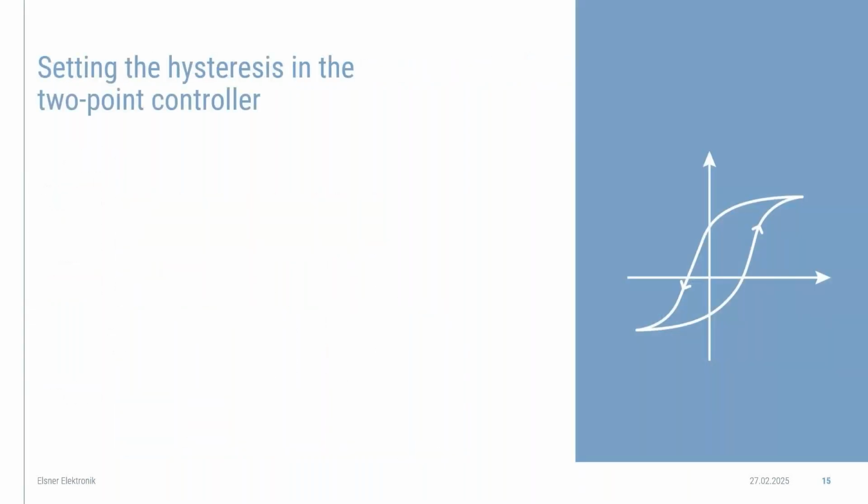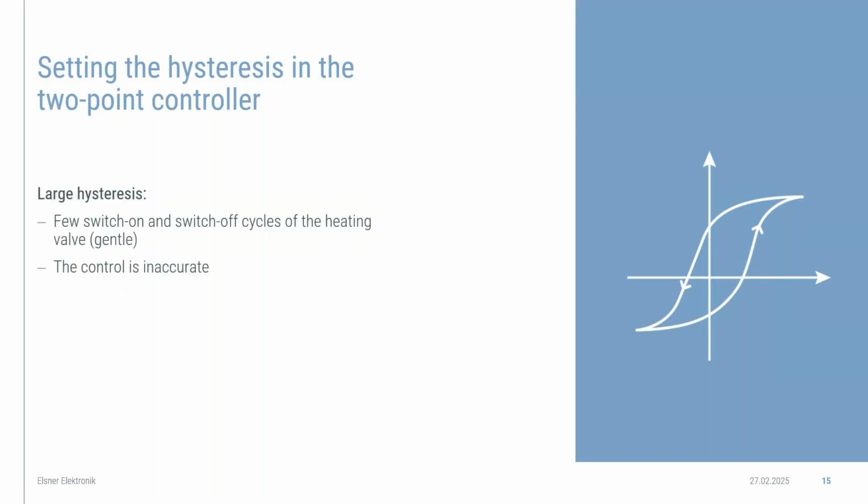So if you're setting the hysteresis in the two-point controller, there are actually two different options. The first option is the large hysteresis. So a few switch on and switch off cycles of the heating valves is very gentle, for example to the heating actuator.